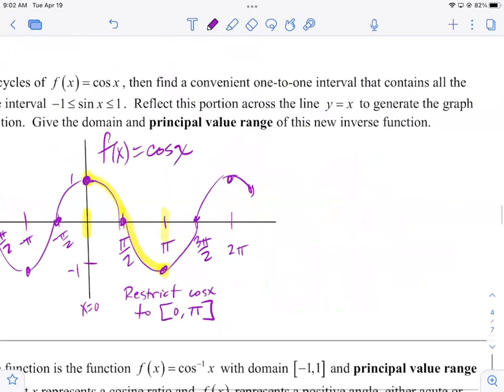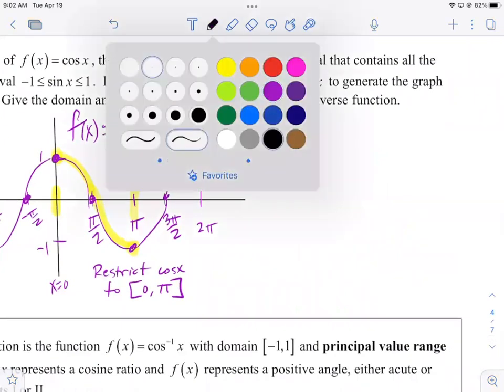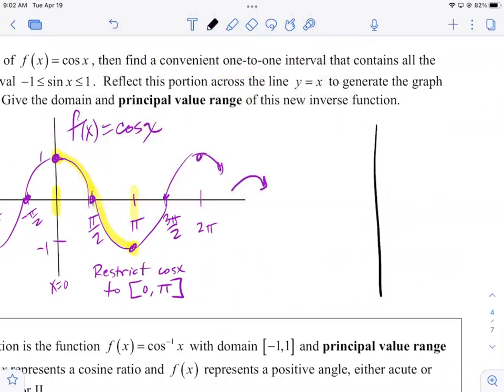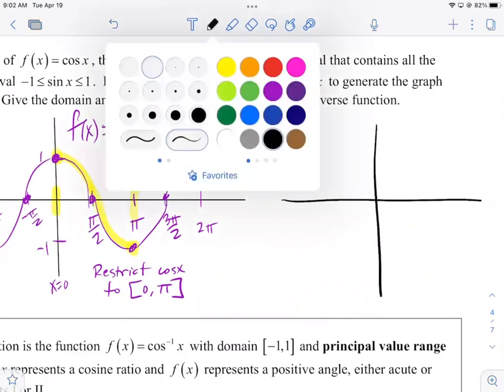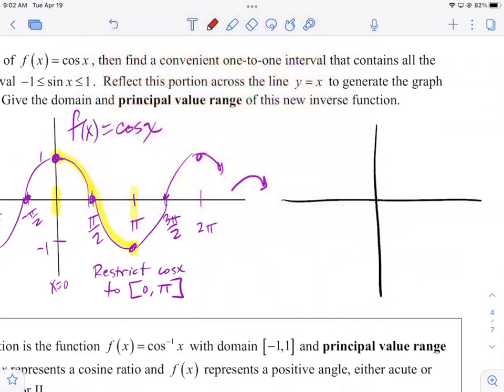That then, when we reflect it across the line y equals x, I'm not going to show you with that awesome paper flip demonstration that I did last time, but you can imagine what it's going to look like. It's going to be here at not 0, 1, but at 1, 0. And then it's going to be here. And then it's going to be at pi, -1.